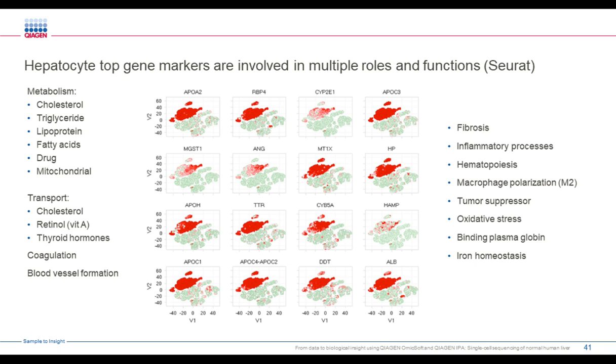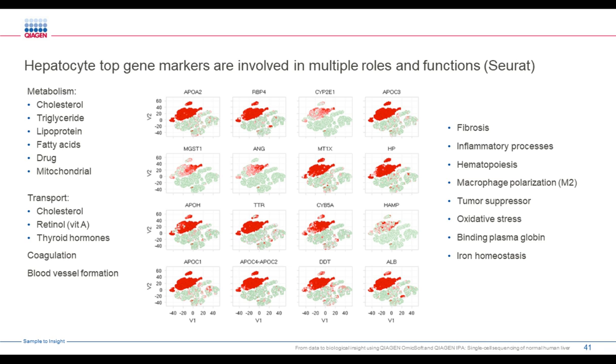In the hepatocytes, we have looked at the top gene markers. And just looking at the 16 genes here, with their expression uniquely in hepatocytes, you recognize many of them.